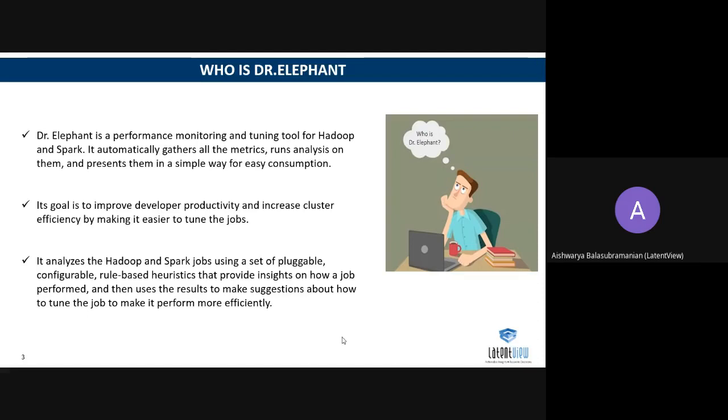If you are okay with those parameters, you can schedule the job with them from your next run, so that it will improve your cluster efficiency. The interruption of the developers will be very minimal, because we need not go and analyze each and everything. Instead, Dr. Elephant will do all these things.